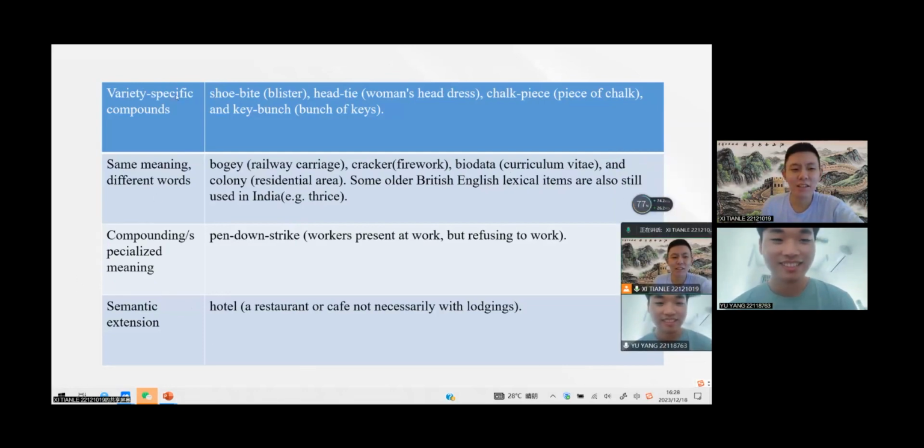And its variety-specific compounds, examining different words, compounding, specialized meaning and semantic extension, like a hotel, a restaurant, or cafe, not necessarily with lodgings.